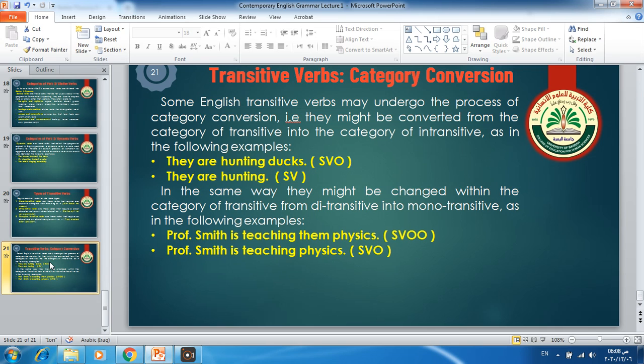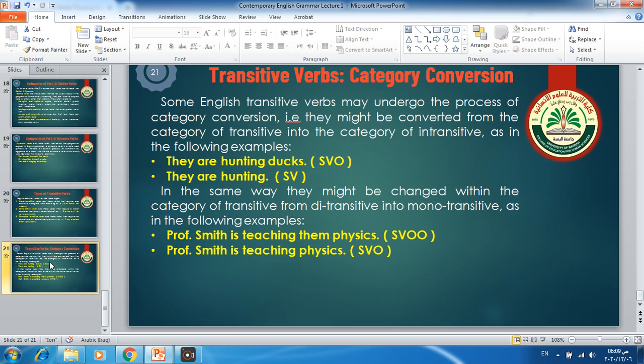Now, these transitive verbs may undergo category conversion. That's to say, they might be converted from the category of transitive into the category of intransitive, as in the following. They are hunting ducks. So here the verb hunt is a monotransitive verb.